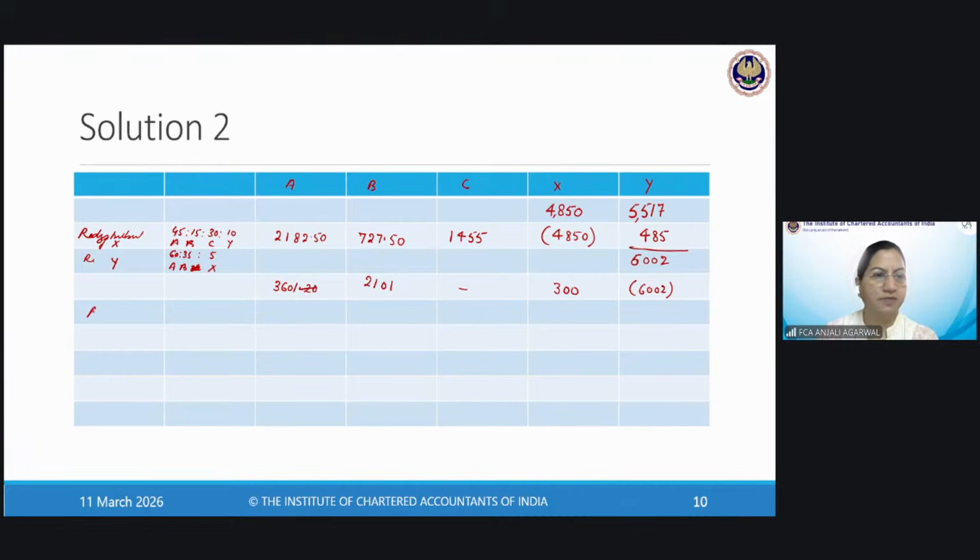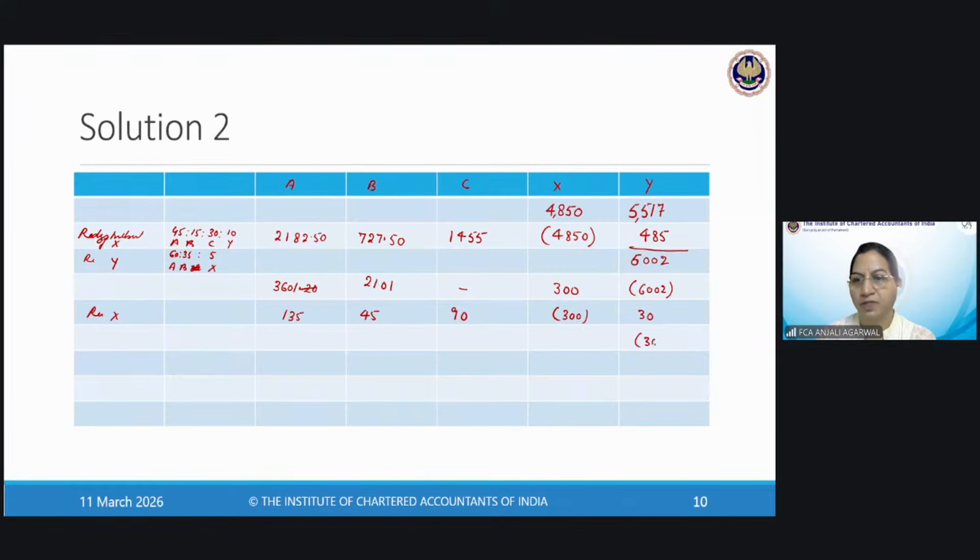Next again, redistribution of X. So you'll continue until you get 45% here. 300 into 0.45 is 135, divide by 3 is 45, into 2 is 90, and then this is 30.